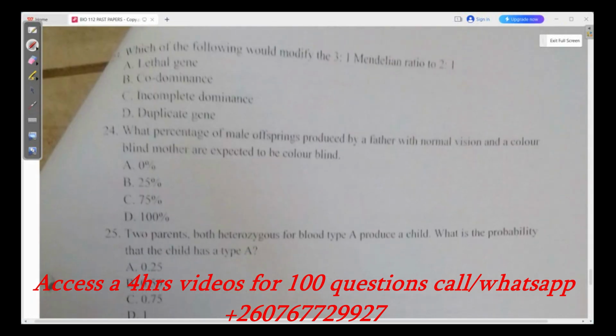23. Which of the following would modify the 3:1 Mendelian ratio to 2:1? So this can only be possible if one of the offspring dies in the 3:1. So let's say a particular cross that can give us this.